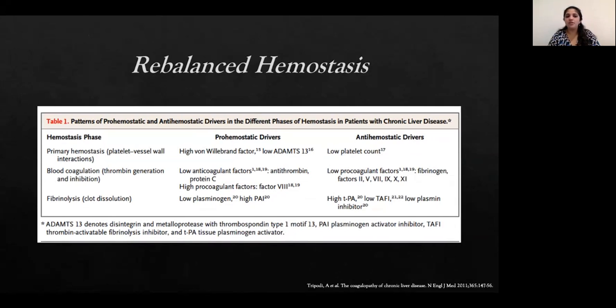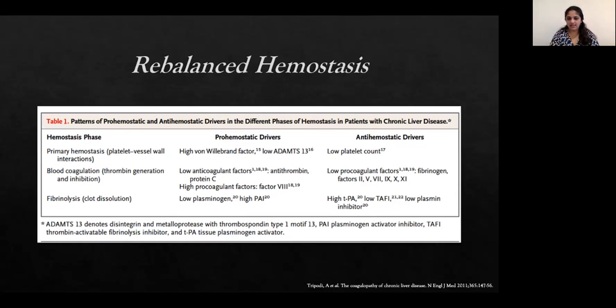But then when you come to the next step where it's coagulation, you have both low anticoagulant factors and low procoagulant factors. And then the third step of fibrinolysis, you have low plasmin inhibitor, which is huge, but then you also have low plasminogen. So it plays a role in both pro-hemostatic and anti-hemostatic drivers.